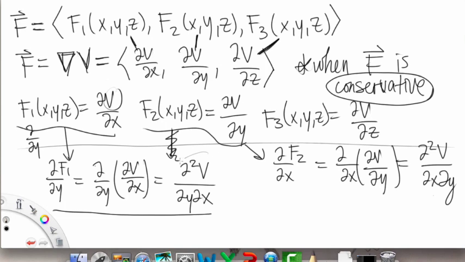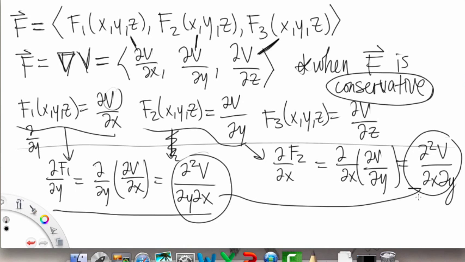But as you can see, this here and this here, if you recall from Math 32A, the course before this, these are technically called cross partials. So by Clairaut's theorem, if you remember that guy, okay, hold on, I'm going to try to spell this right.